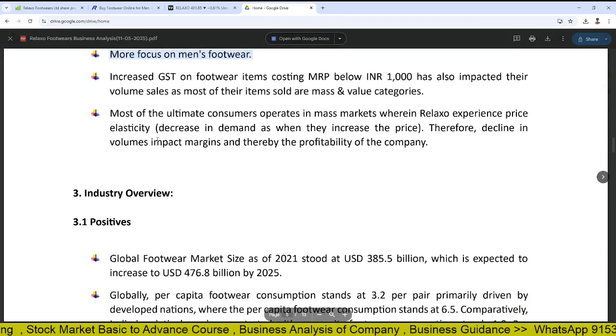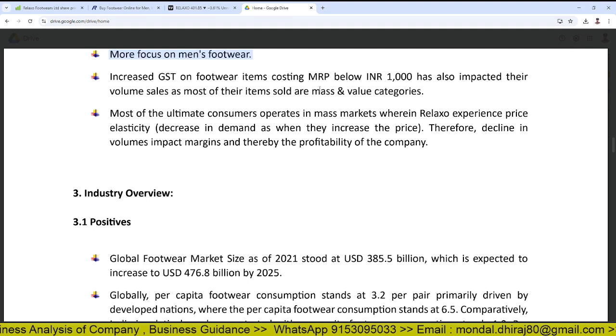Next, the increased GST on footwear items costing MRP below INR 1000 has also impacted their volume sales, as most of their items sold are in the mass and value categories. So you know that recently you have seen that GST on footwear items is increased.